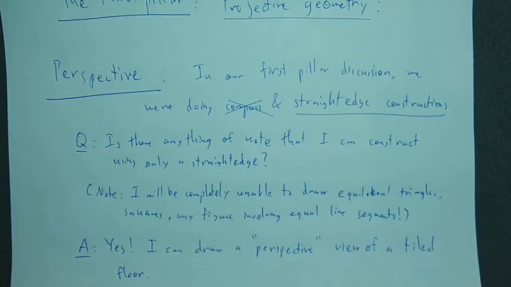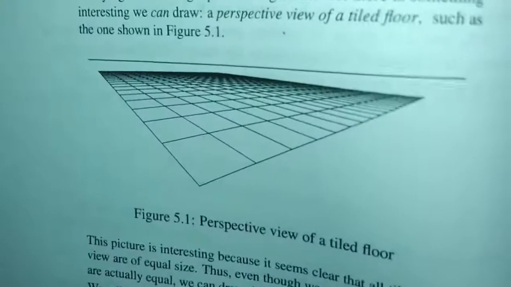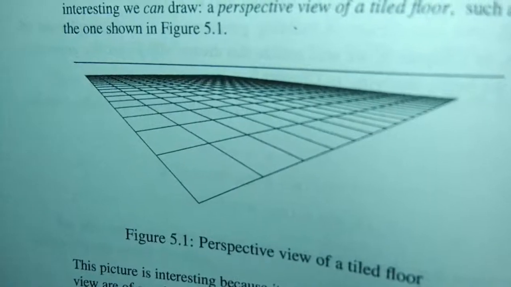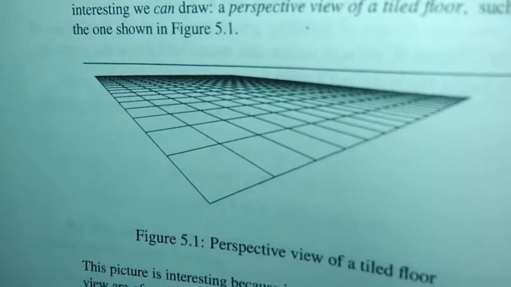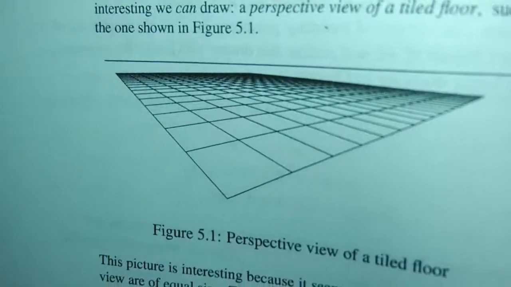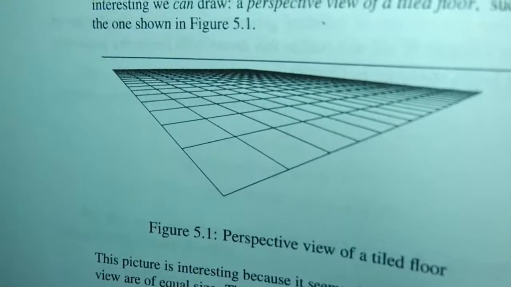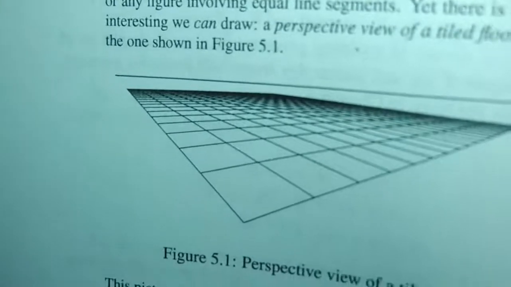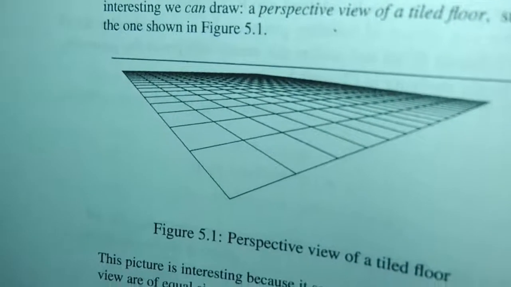Okay, what does that mean? All right, so let's bring this closer. Here's a perspective view of a tiled floor. This was drawn just with straight edge. Straight edge alone is enough to draw this thing.